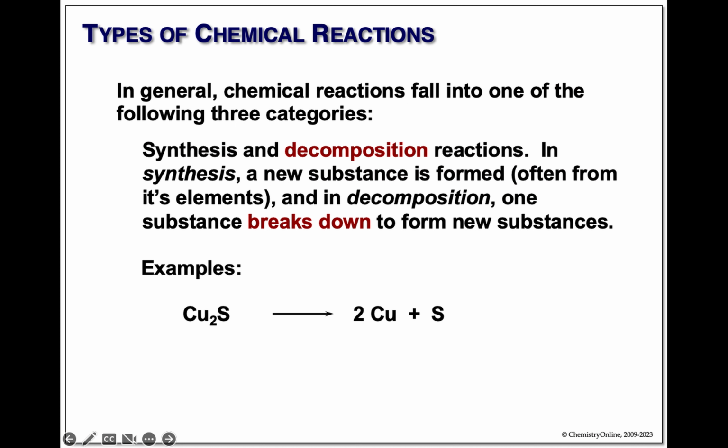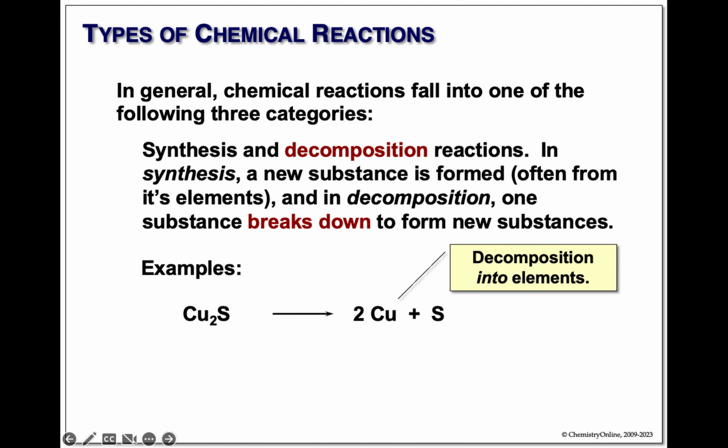Decomposition is just synthesis backwards. Copper(I) sulfide, if you heat it up, will form copper metal and sulfur. Sulfur burns off. This is a very old way of making copper.